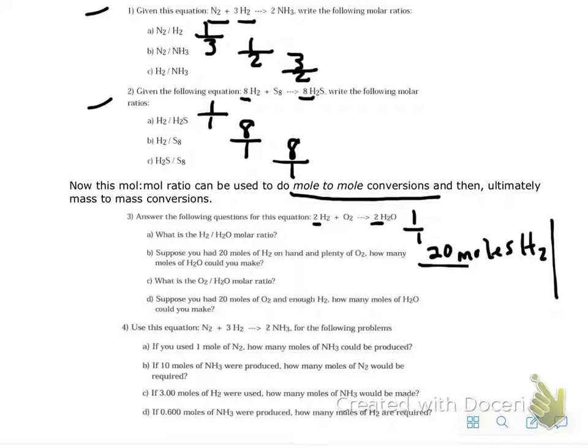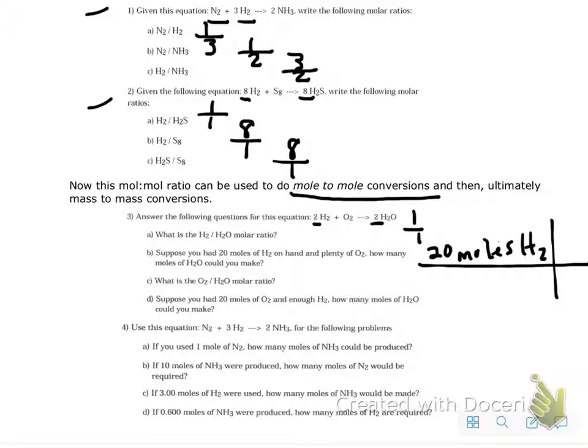So I can do a simple one-step conversion, and I know that you could probably do this in your head, but this is more about understanding the process of how to set it up because the questions get to be more complex. But we're starting with 20 moles of hydrogen, and I want to set up a conversion factor, my mole to mole ratio, so that I can cancel out moles of hydrogen and be left with moles of water.